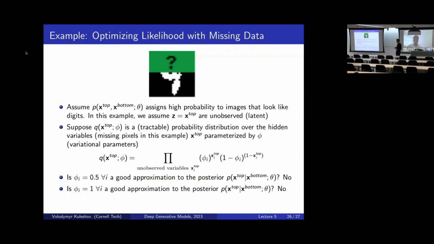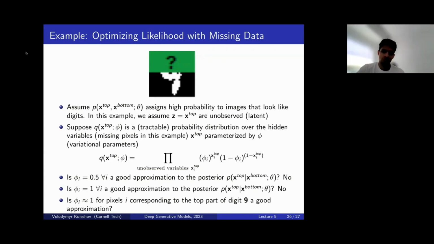No, it's not good. And what if the Bernoulli parameter phi_i is close to 1 for pixels that correspond to the top part of the digit? Is that a good approximation? Yes, so that will be a good approximation.